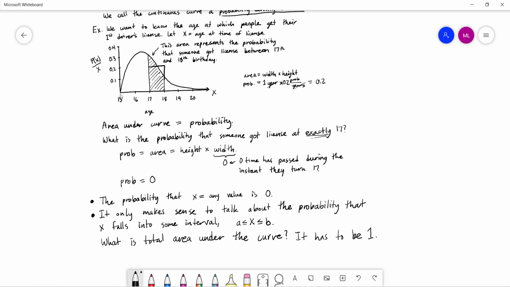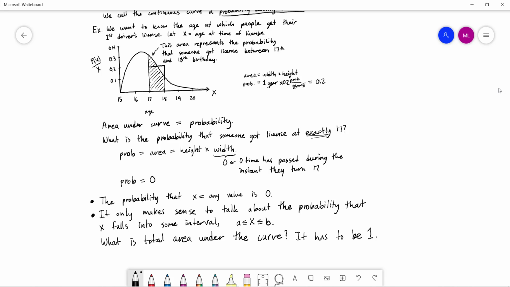What's the probability that they got it sometime between the time that they turn 15 and all the way out where this ends, which maybe we could say is 200 years old, right? Nobody's ever lived that long. So certainly everybody that's ever gotten their driver's license got it sometime between when they turned 15 and when they turned 200 years old.